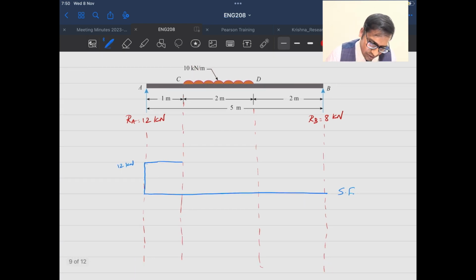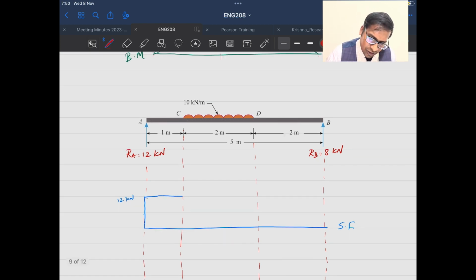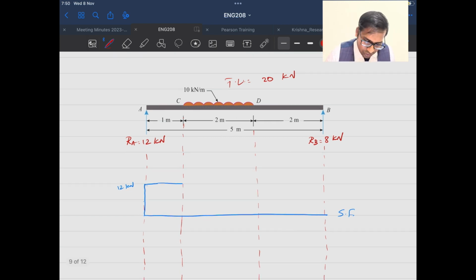Okay, please understand that. Now I will be moving down, and see the total load. For example, if I see here, the total load will be 10 kilonewton per meter into 2 meters, so it will be 20 kilonewton. Okay, just multiply with distance, so it will be 20 kilonewton. So already if you see, it is positive 12 kilonewton.